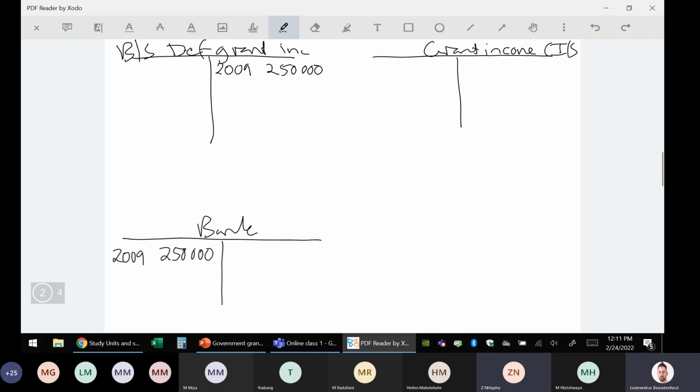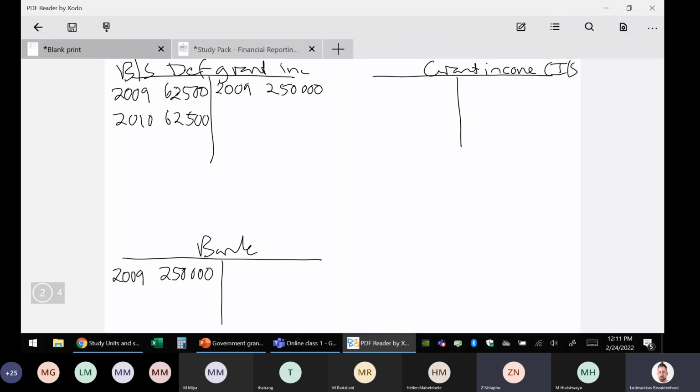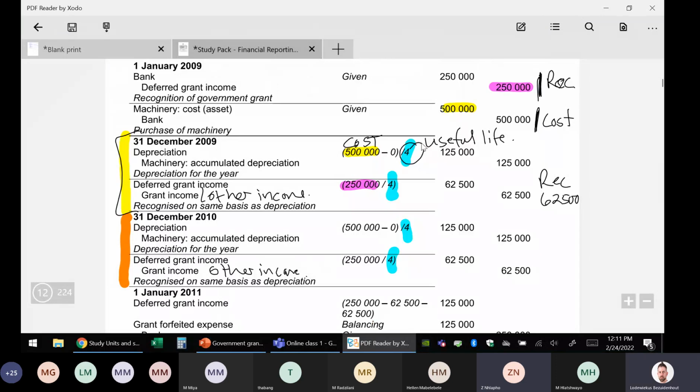Right, in 2009, we recognized 62,500. In 2010, we recognized 62,500. Remember, we've only had 2 years, year 1 and year 2. So each year we recognized 62,500 from deferred grant income to the grant.